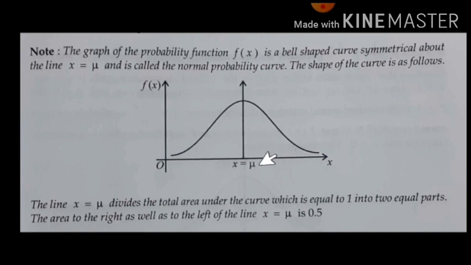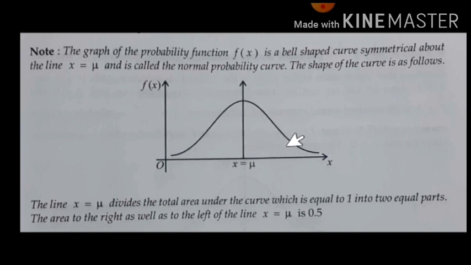So what does it represent? The line x is equal to mu divides the total area under the curve. This is the area under the curve. The total area under the curve is always equal to 1, and it divides equally into 2 parts.